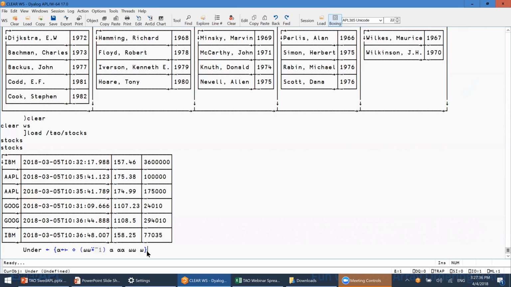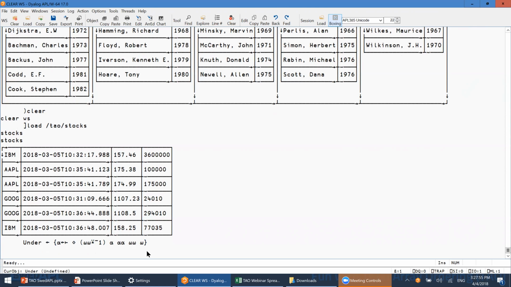I convert it from JSON to an APL array. I do all my APL magic, and then I convert it back again to JSON. That would be doing my APL under JSON, right? So there's a lot of things like that you could do. So this is a useful operator. This is a simplified version. There's more that could be done to it, but it's enough for what we want for now.